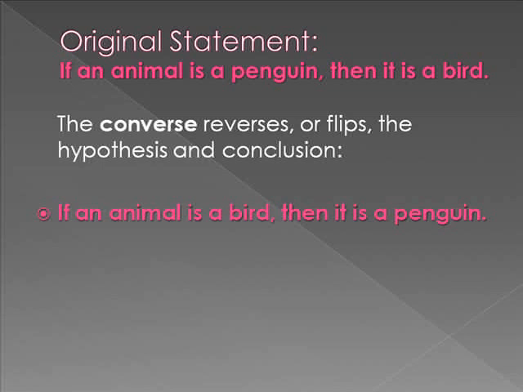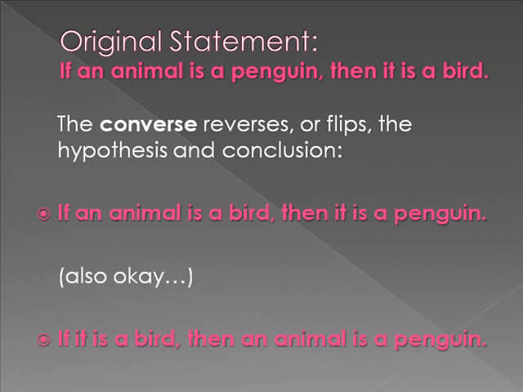Okay, so the converse of a statement reverses or flips the hypothesis and conclusion. So the original statement was, if an animal is a penguin, then it is a bird. The converse reads, if an animal is a bird, then it's a penguin. I'm sure some of you noticed I didn't actually take the whole hypothesis and the whole conclusion and switch them, but that's okay.